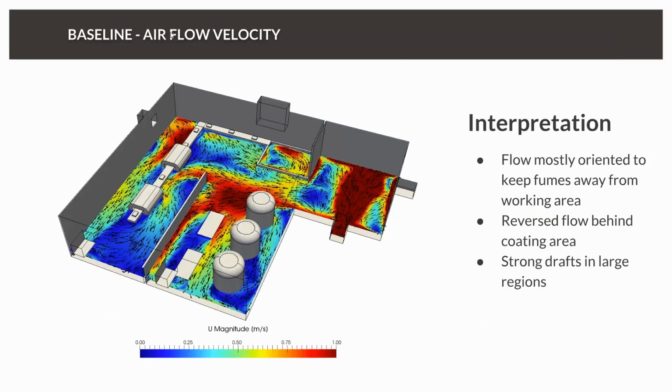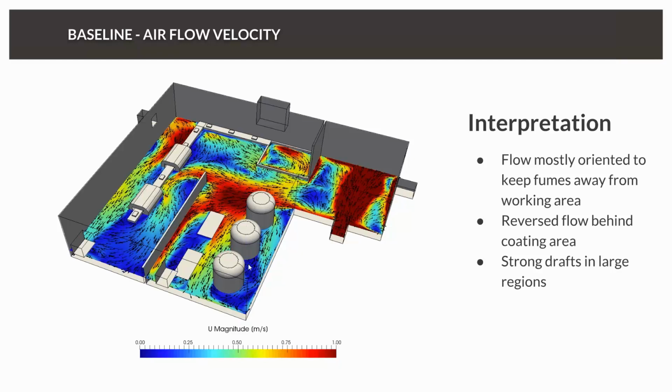First of all, let's look at the airflow velocity, or the velocity distribution. In this case, I used a parallel plane at the chest level of the worker. Here you can really see the flow velocity, and how air is entering the hall.